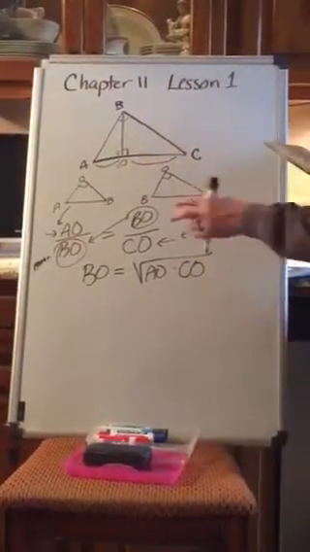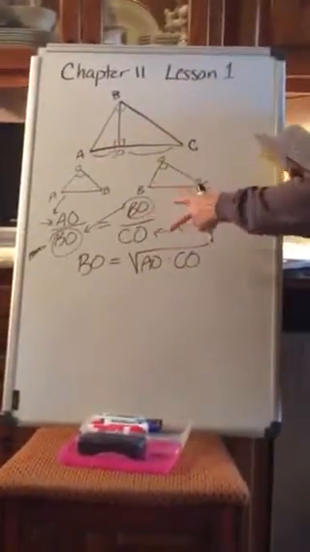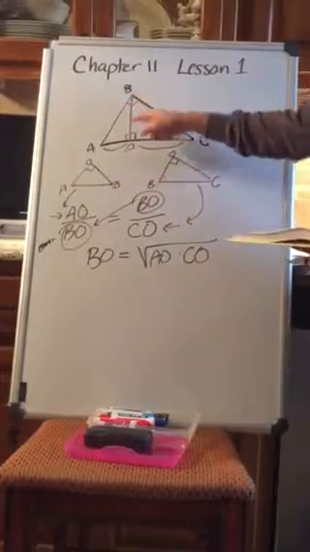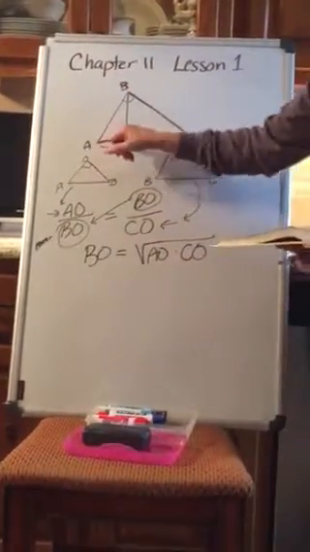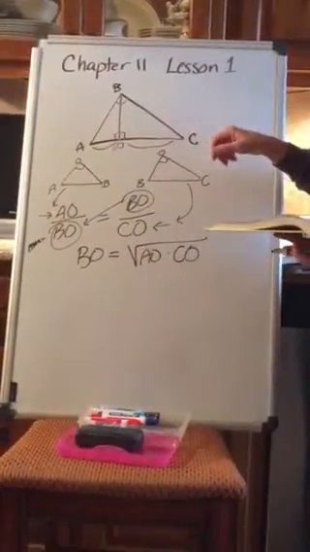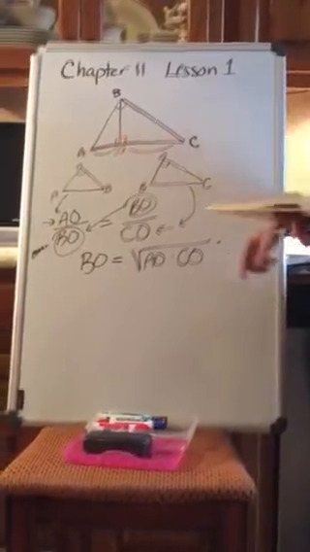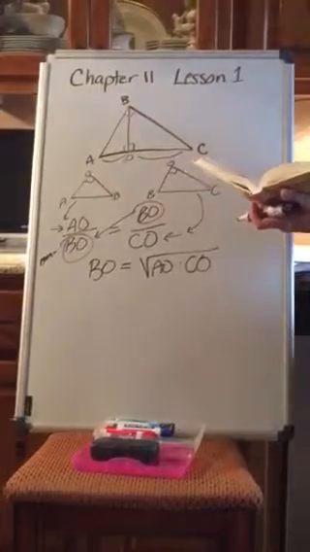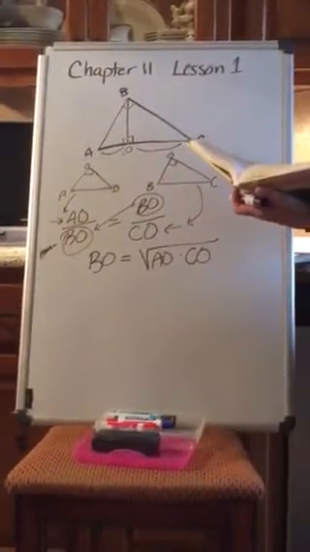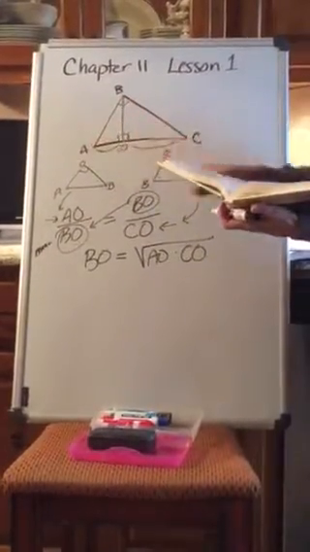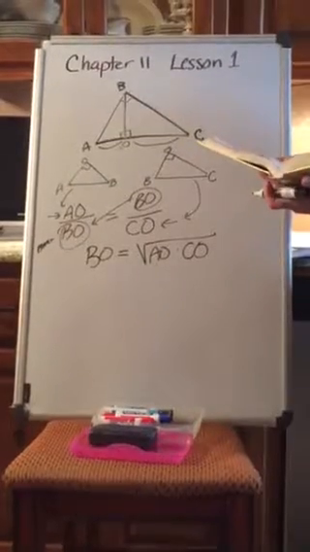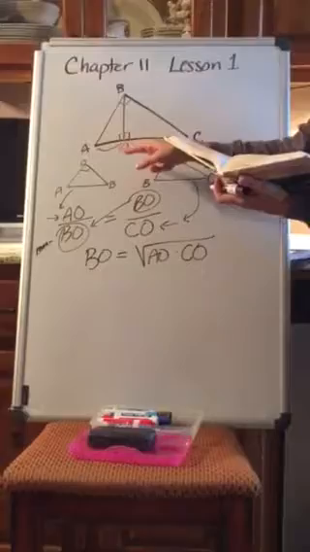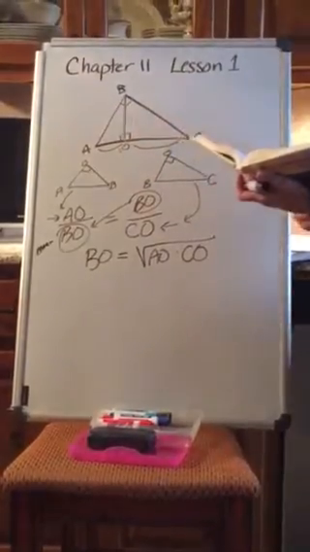We know that because the sides are proportional. So the altitude is the geometric mean between the two portions of the original hypotenuse. We can also say that AB is the geometric mean between AO and AC.